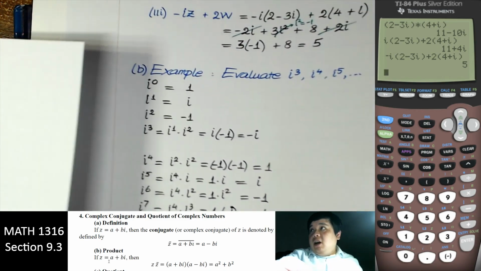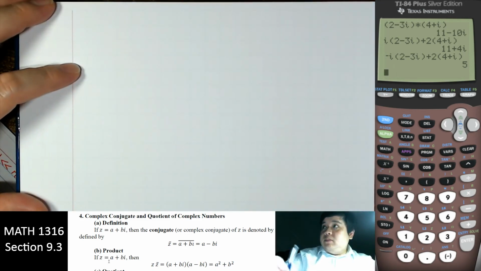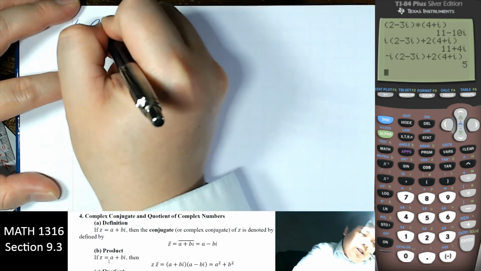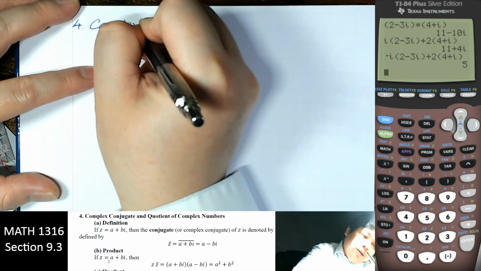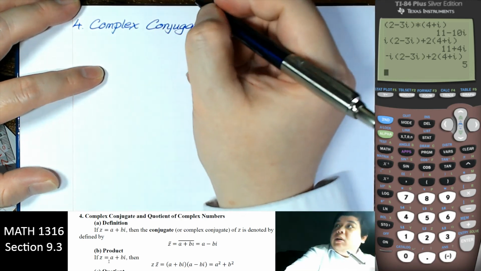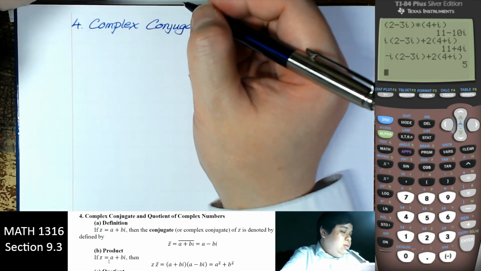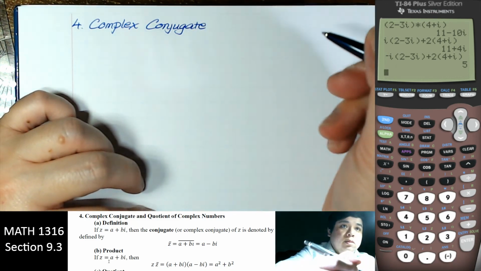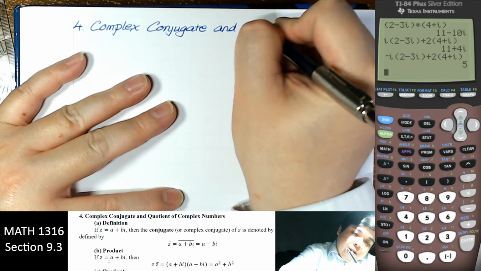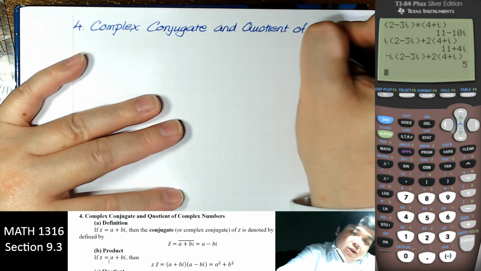Next part is how do we divide: complex conjugates and quotients of complex numbers.